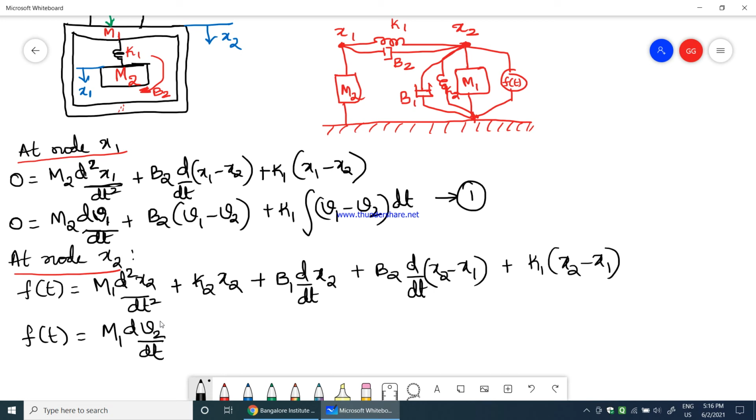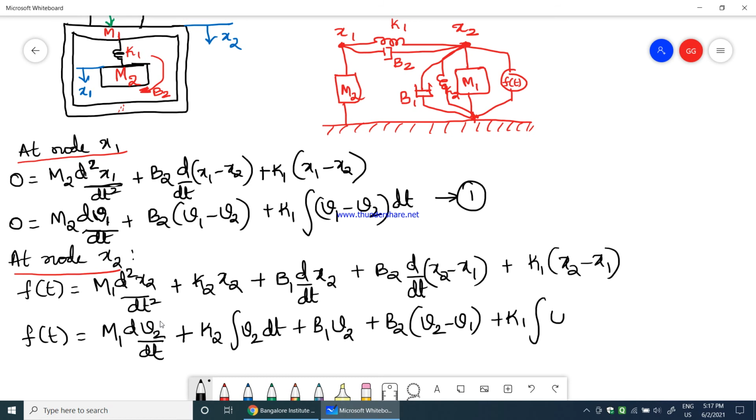Okay, so m1 into dv2 by dt here plus k2 into integration of v2 dt plus b1 into v2 plus b2 into v2 minus v1 plus k1 into integration of v2 minus v1 dt. So this is the second equation.